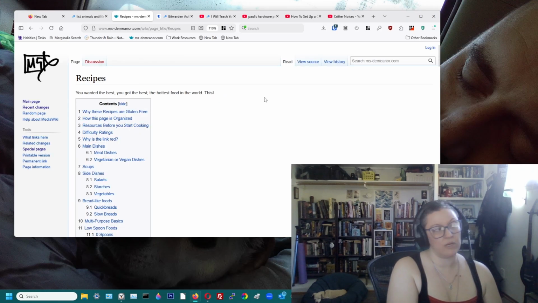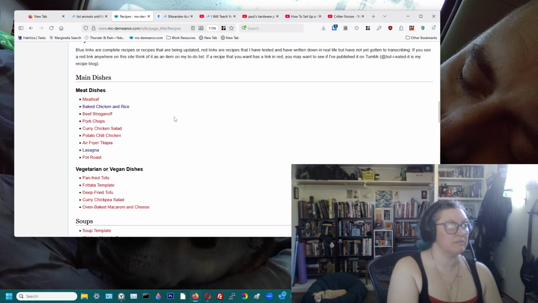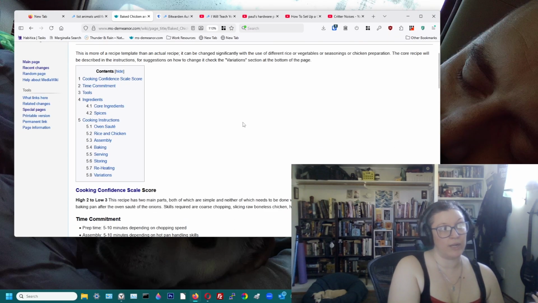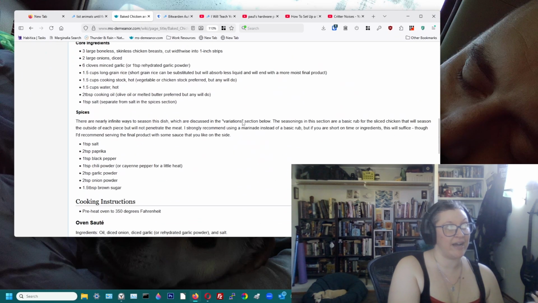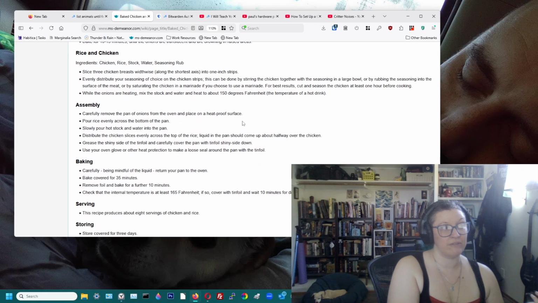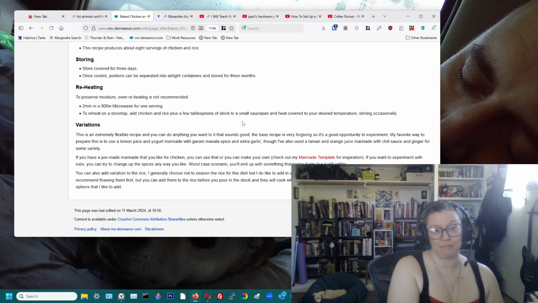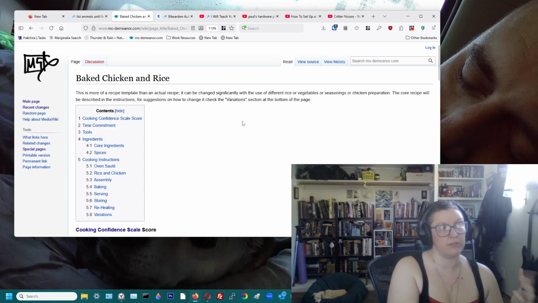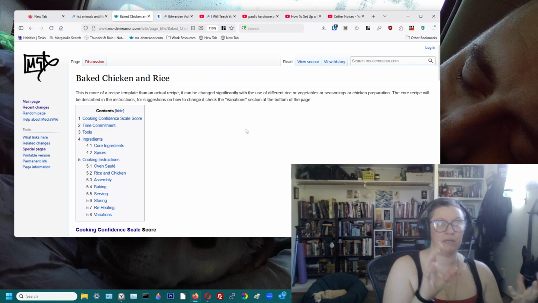Recipes. A recipe is basically process documentation. So I tend to go overboard, and that's actually part of why I have written the recipes here the way that I have, they're very, very explicit step by step. And that's specifically because I know that a lot of people who are cooking and who are taking things literally have a lot of trouble with ambiguity in the way that steps are described.